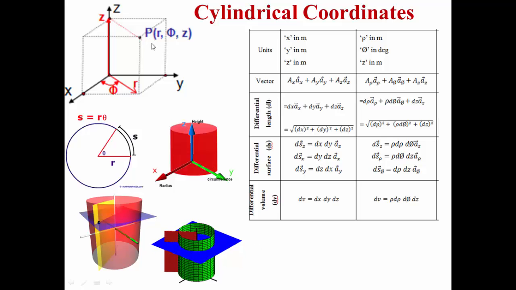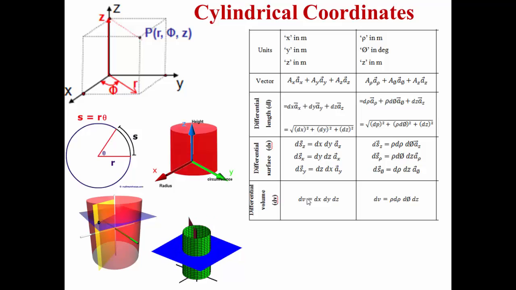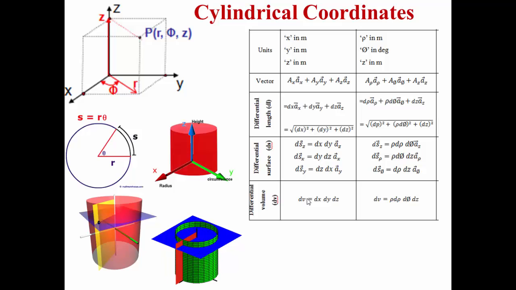For marking the radius, we require a cylinder. For marking the phi and z, we require a rectangular plane. Now the students can practice the same thing on white paper.